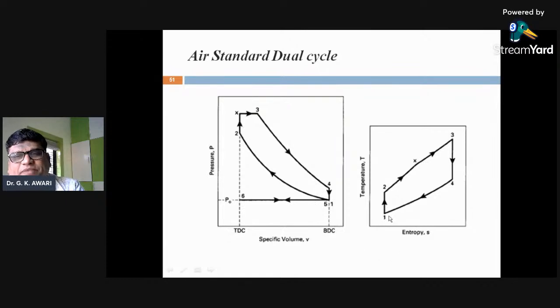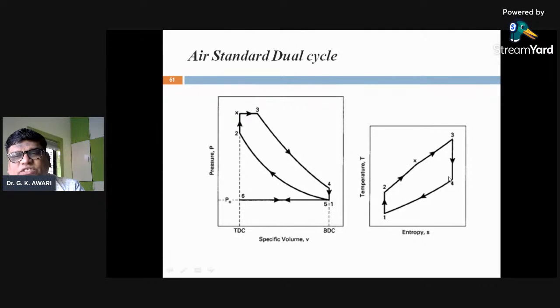Look at the temperature entropy diagram here. 1 to 2 is compression, 2 to x and x to 3 is the temperature increase, meaning the heat addition. One heat addition is at constant volume, another heat addition is at constant pressure.